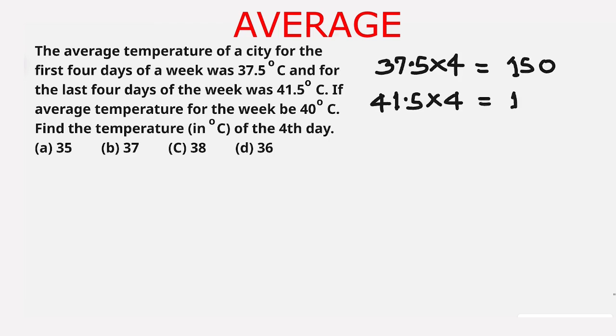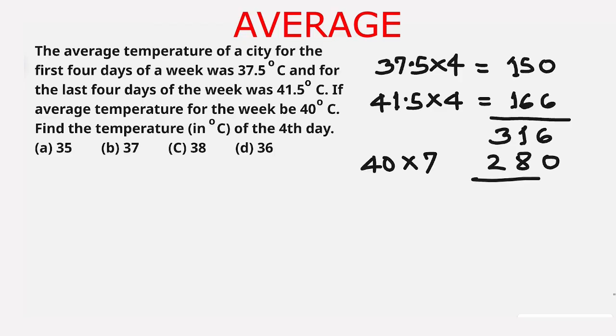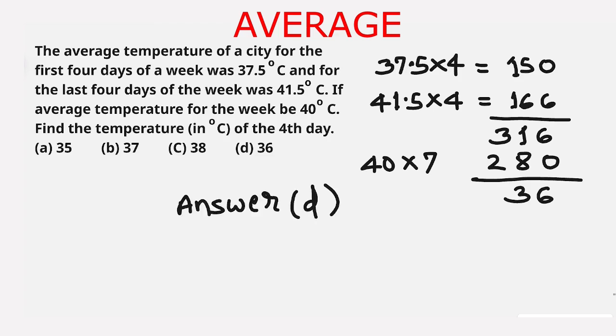This is equal to 166, and the sum of these two is 316, and the total temperature for the 7 days is 40 multiplied by 7. This is 280. We subtract 280 from 316, and this is 36. So the fourth day temperature will be 36 degree Celsius. And from the given options, our answer is option D, 36 degrees Celsius.